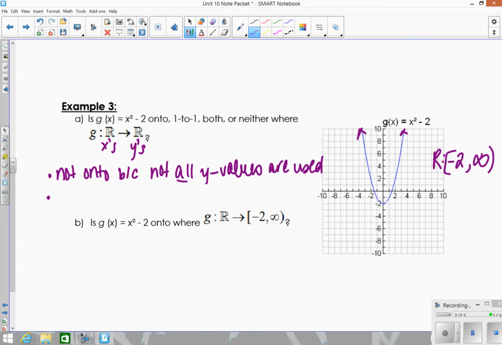So then we have to decide, is it one-to-one? For each x value, do we only have one y value? And for each y value, do we only have one x value? If you look along the x-axis, for every x value, you're only going to have one y value. So that part's true.